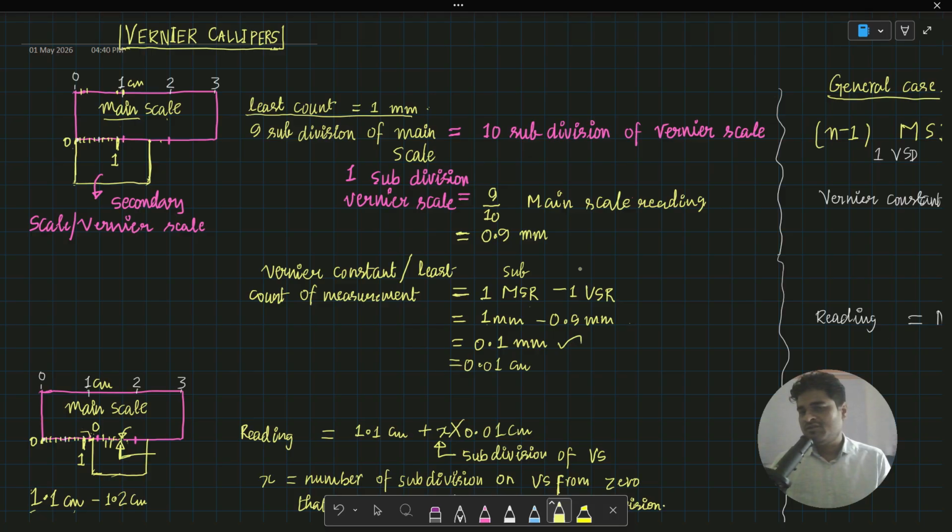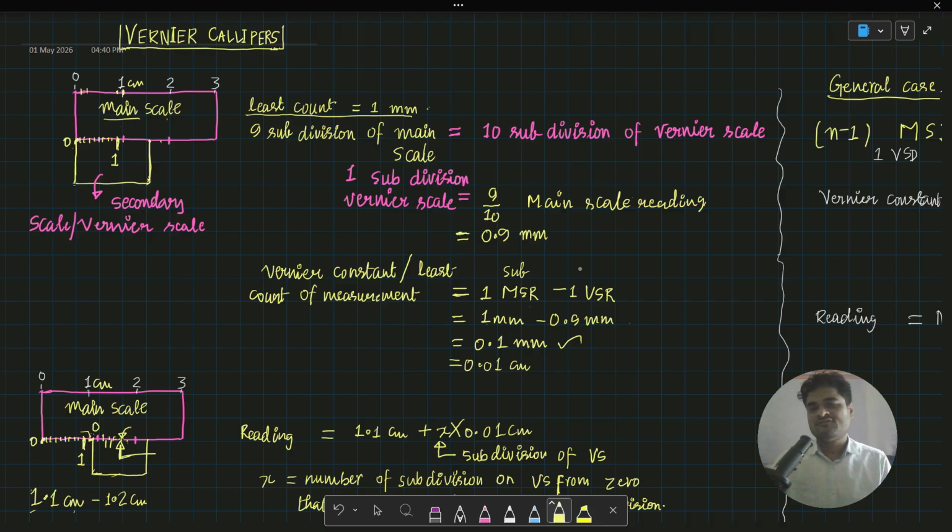So one mark on the secondary scale is a different point, and the number of subdivisions is 10. There are 10 subdivisions for each 9 subdivisions of main scale.